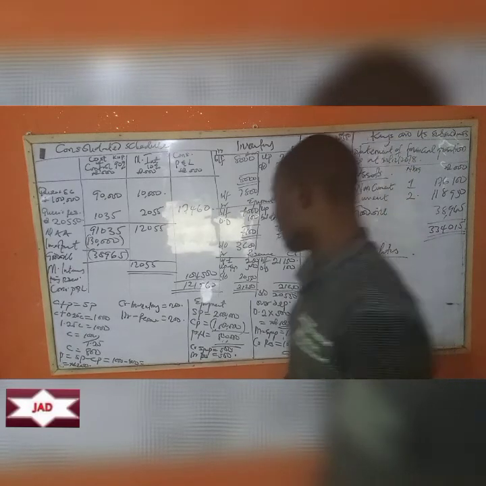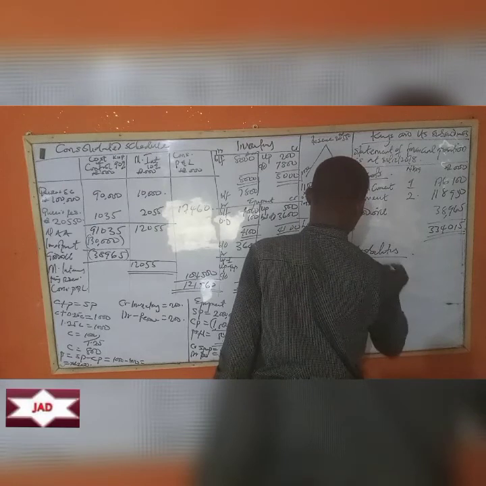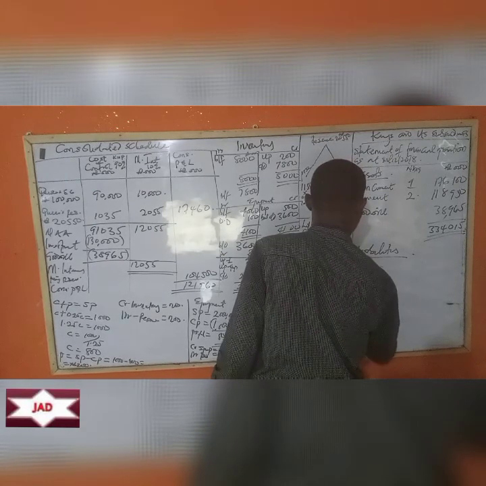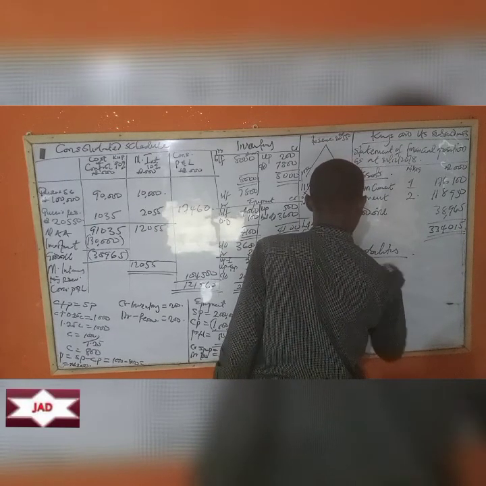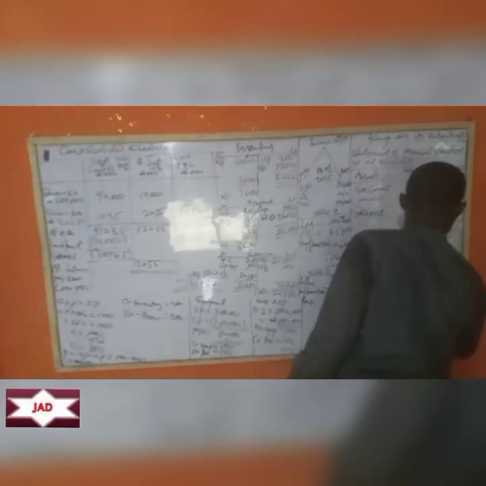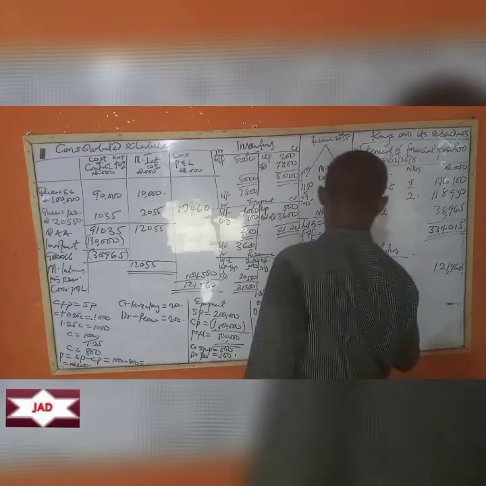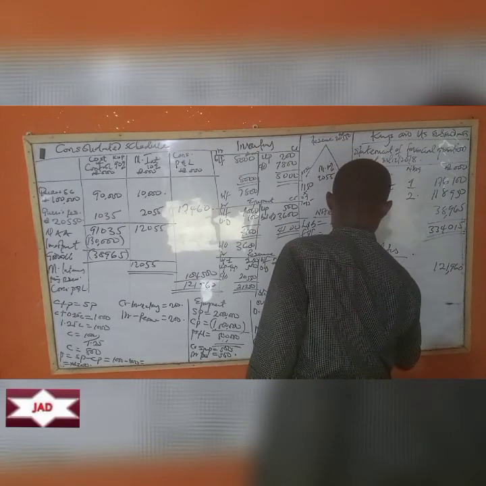What do we have? Let's take our reserve. What's the reserve? 121,960. Then what do we have? What's our share capital?